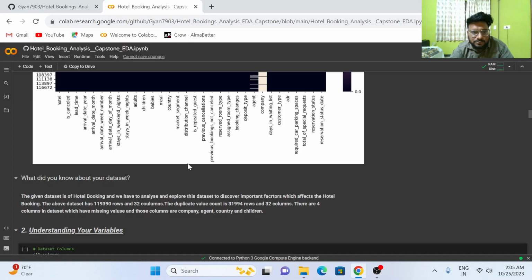Among the 32 columns, there are 4 columns in which there were missing values, and those columns were company, agent, country, and children.